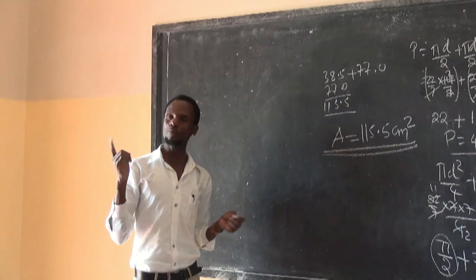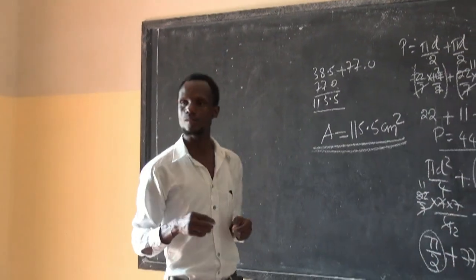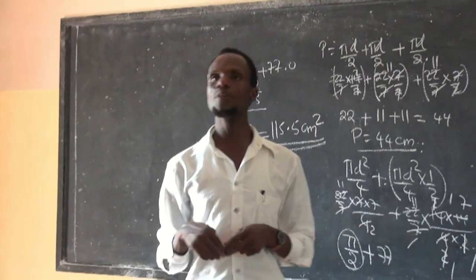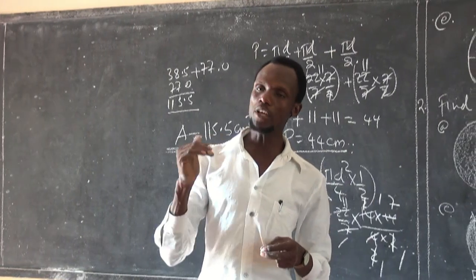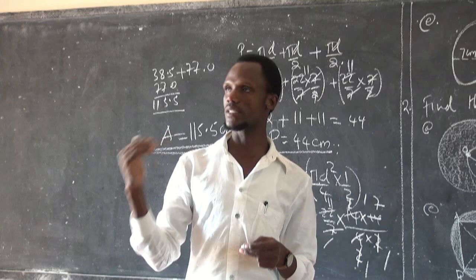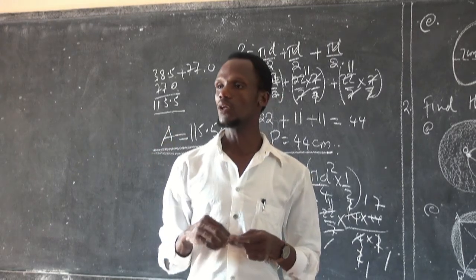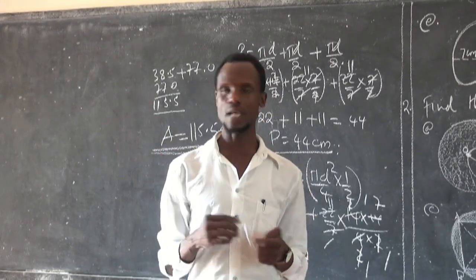So, you have to be very careful with these questions, because sometimes they are simple, but some are complicated. But if you go with it systematically, you will end up getting the correct answer.